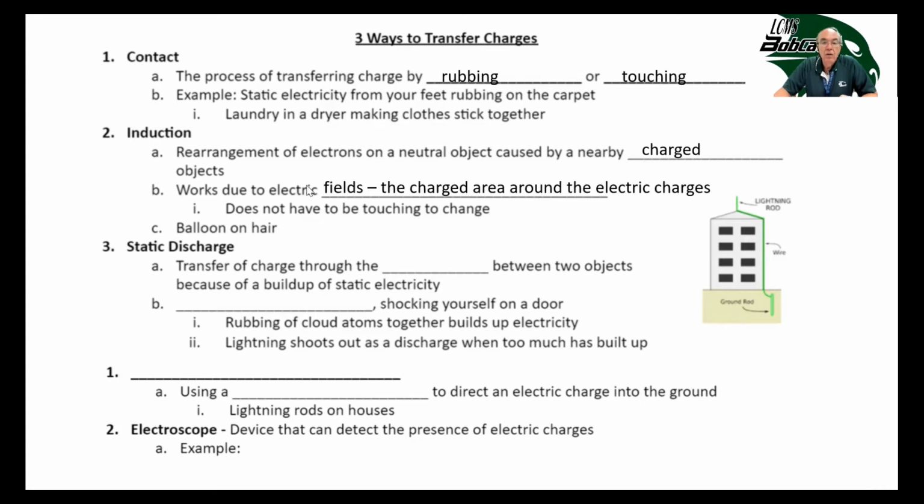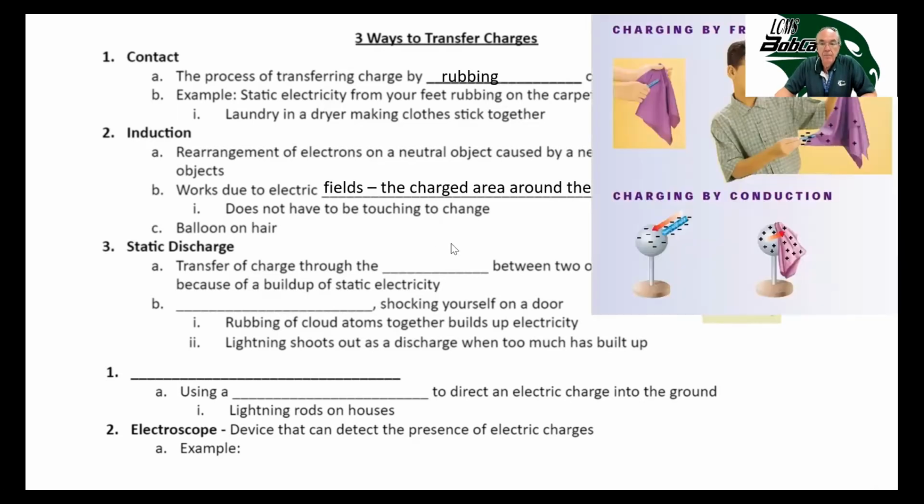Okay? And it works due to that electric field, that charged area around the thing, because of the negative or positive charges, depending on whether it gained or lost electrons. Okay, so here's an example of charging by friction or charging by direct contact. It shows he rubs this thing on this cloth and now it's picked up electrons.